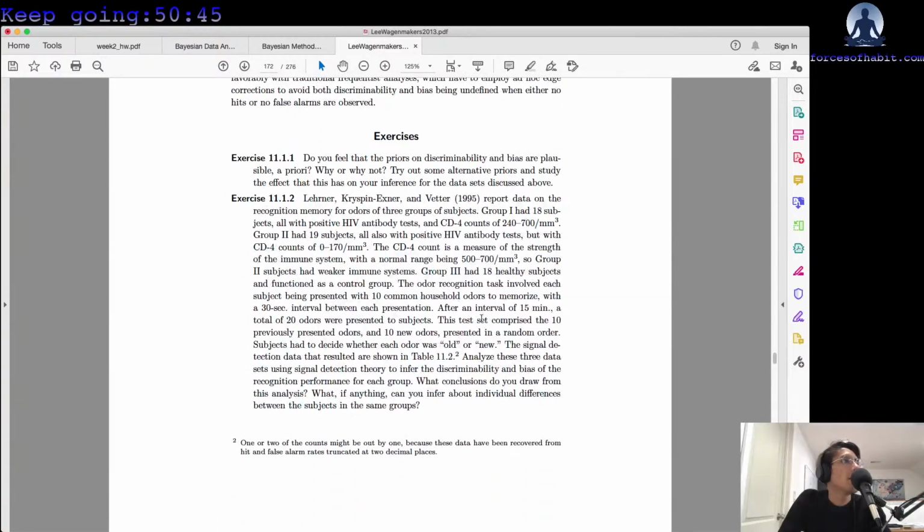Questions. Do you feel that the priors on discriminability and bias are plausible a priori? Why or why not? Try out some alternative priors and study the effect that this has on inference.